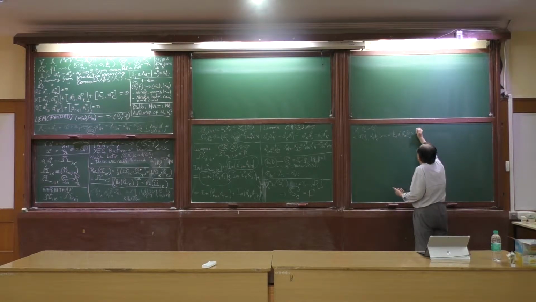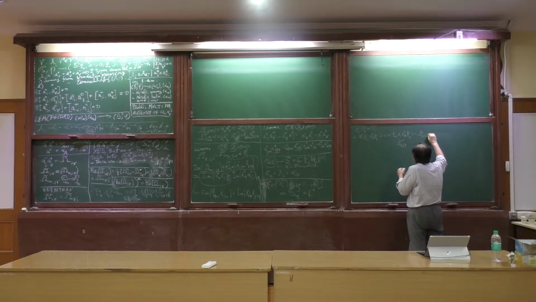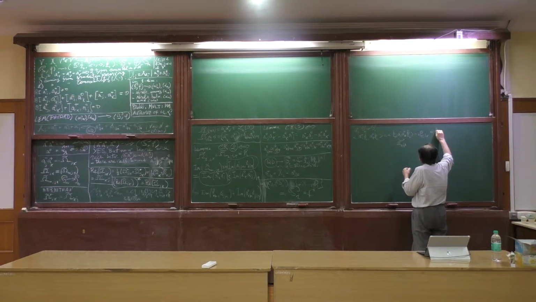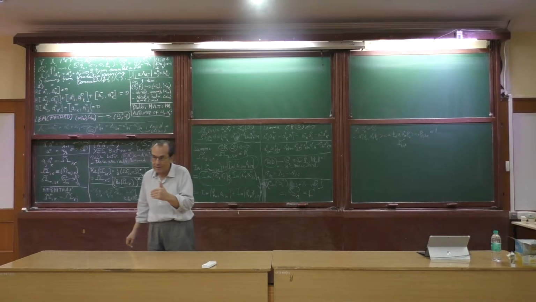Well, let me call beta, because this is what we have called omega tilde 1 jk, and this we can call beta 1 jk. Now, a priori, this could be a complex number, okay?